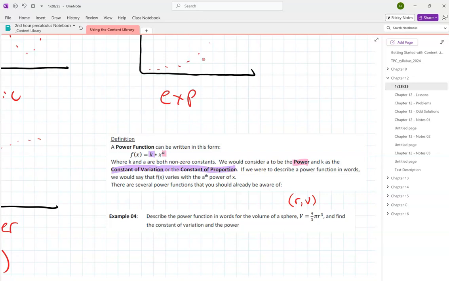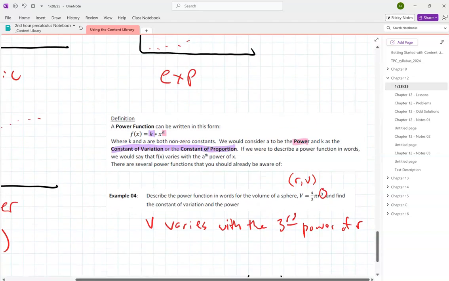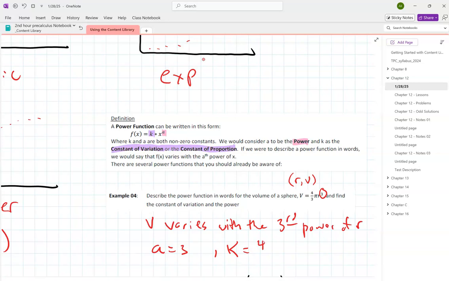So we would say that v varies with the 3rd power of r, where a is 3 and k is 4/3 pi.